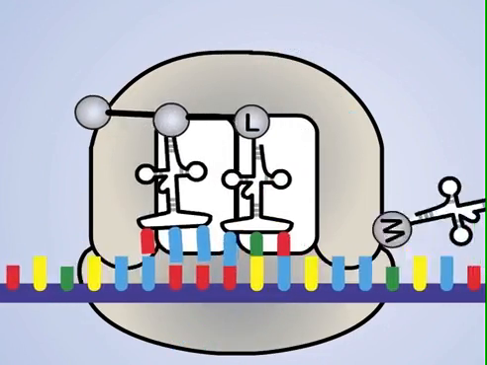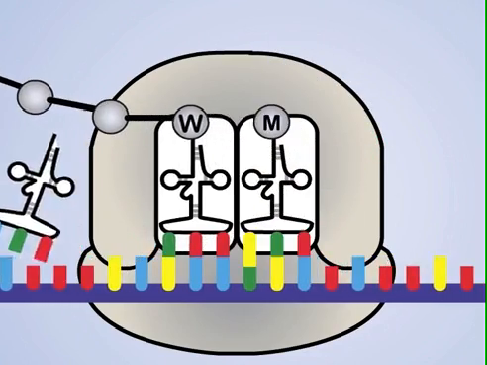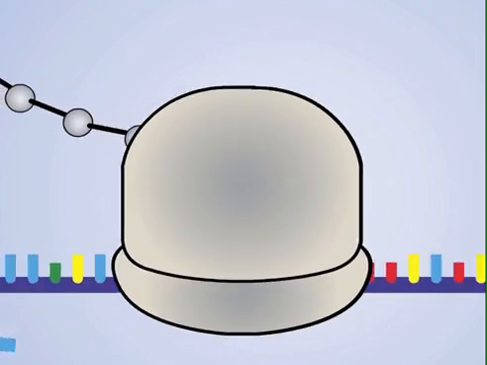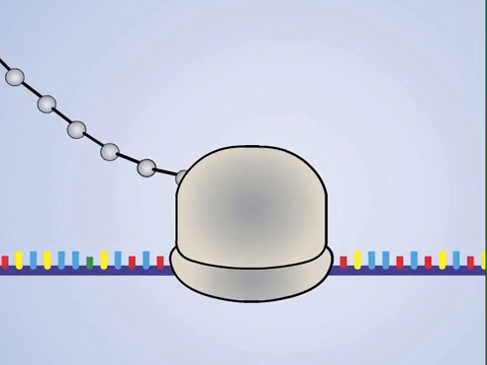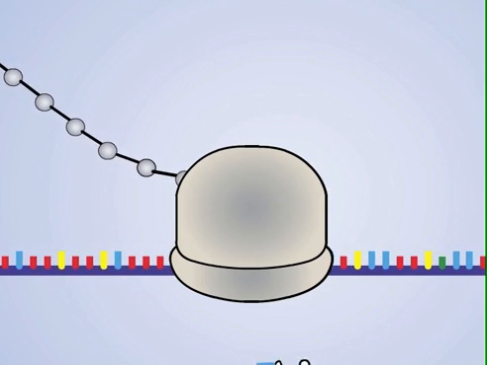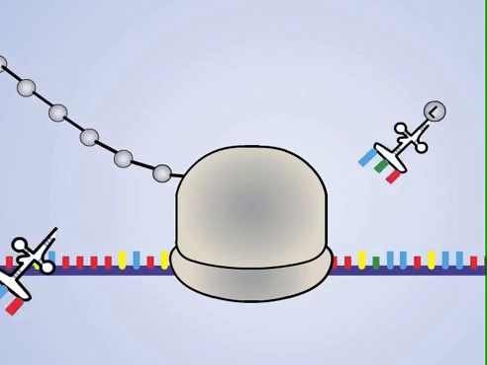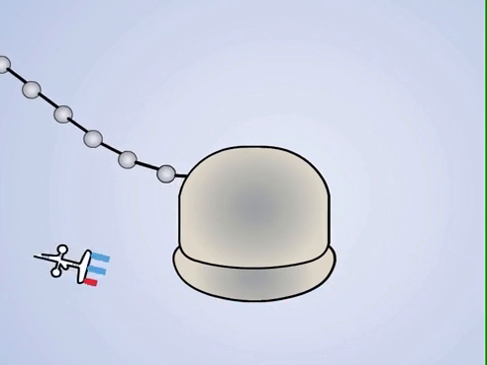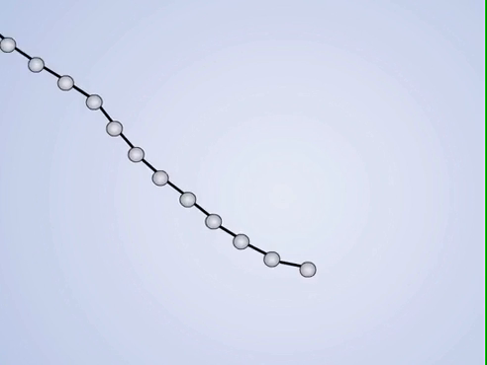As the messenger RNA is read and transfer RNA molecules deliver the corresponding amino acid, a growing chain is produced. The chain continues to grow until the ribosome reaches a stop codon, prompting the ribosome to separate from the messenger RNA, releasing the amino acid chain into the cytoplasm.